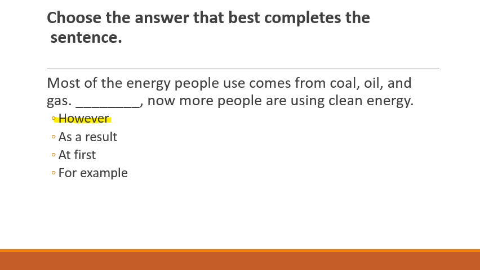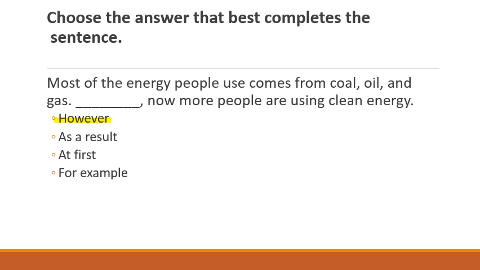However, now more people are using clean energy, because when we are talking about however, we are giving a contrast between the previous sentence and the next sentence. The previous sentence is talking about most of the energy people use comes from coal, oil, and gas. And we have a contrast. We can say however or but more people are using clean energy.